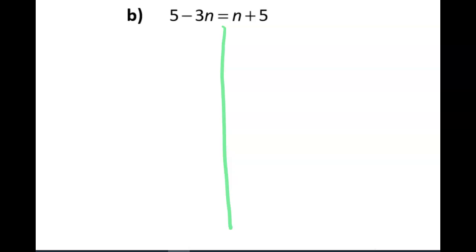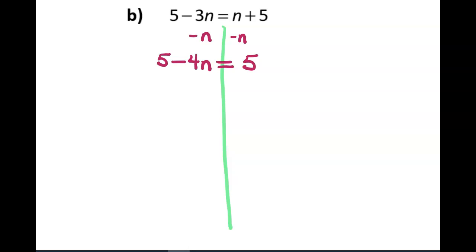And so we're going to work with our variable terms first. One thing we can do is subtract n from both sides. If we subtract n, we have 5 still left on the left side, and negative 3n minus n is negative 4n, and that equals, on the right side, n minus n is 0, and we still have 5 left.